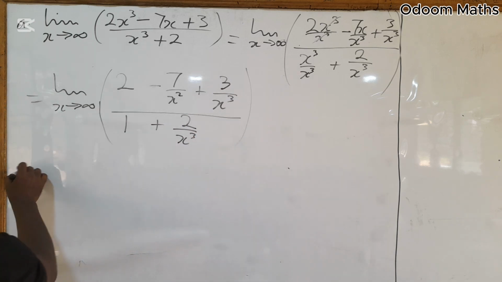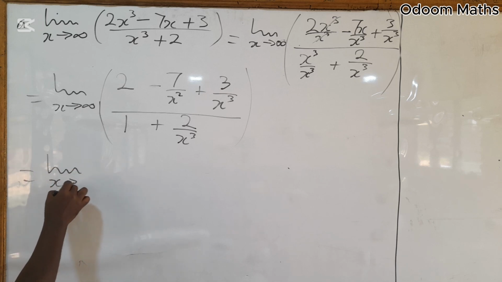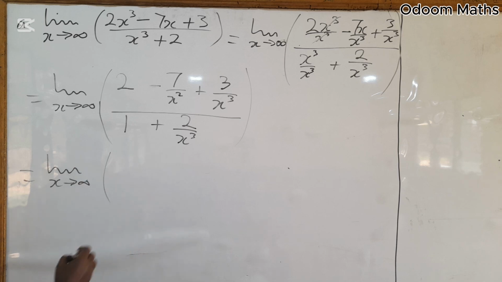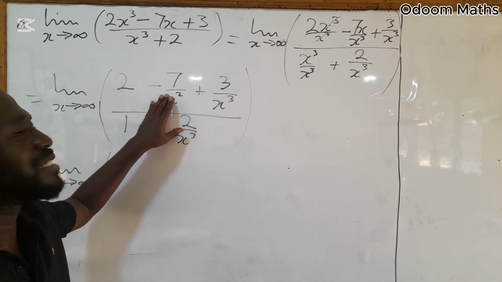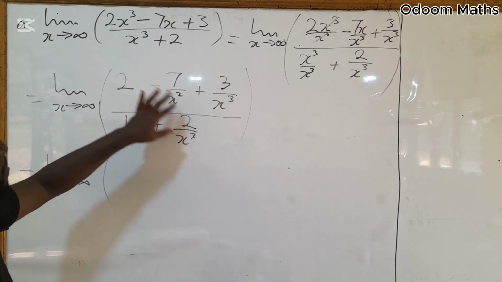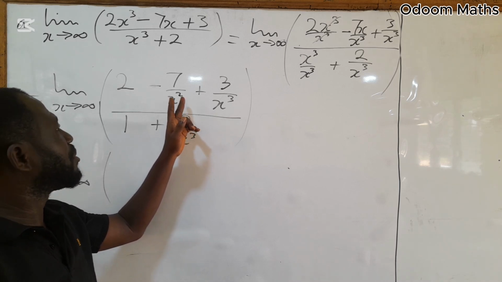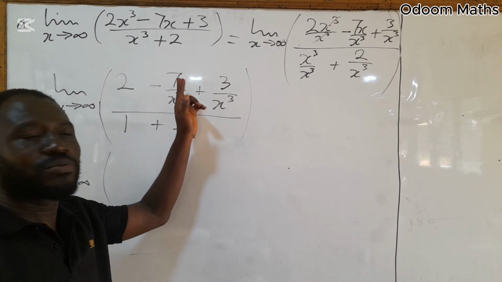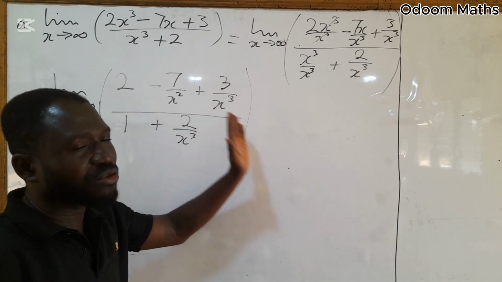Okay, so now let's continue from here. So the limit as x approaches infinity. As x approaches infinity, that is, as x becomes very large, what happens to these figures? It means that if x is becoming large, we are going to have something that will be approaching 0, or getting close to 0.